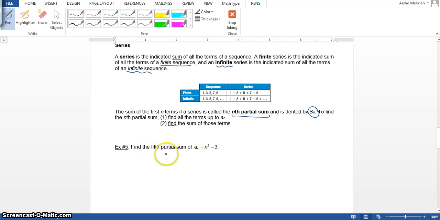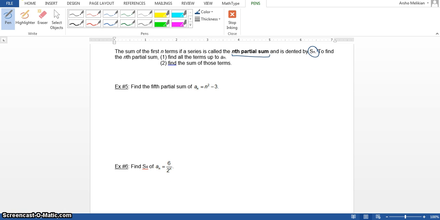We want to find the 5th partial sum of an equals n squared minus 3. Because it's the 5th partial sum, I want to find the first 5 numbers. So I want to find A1, A2, A3, all the way to A5. When I'm looking for A1, what is my n? 1. So it's going to be 1 squared minus 3, negative 2.